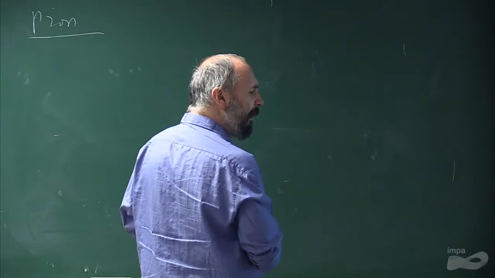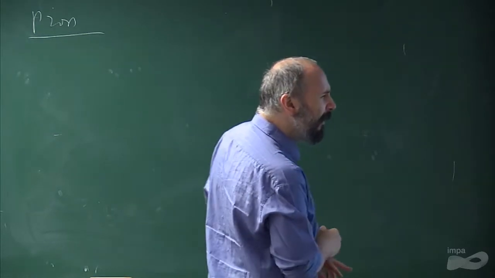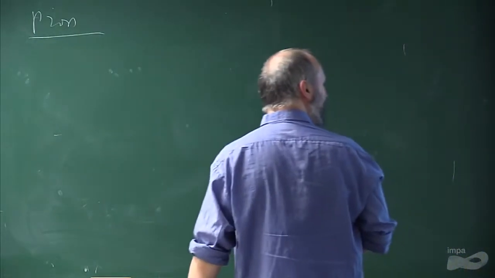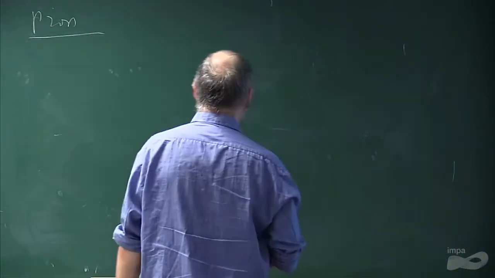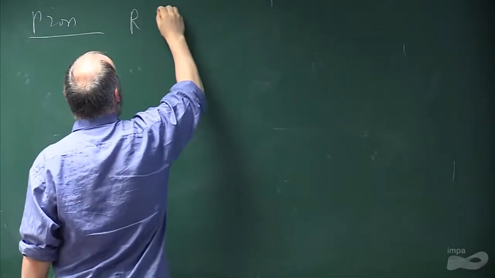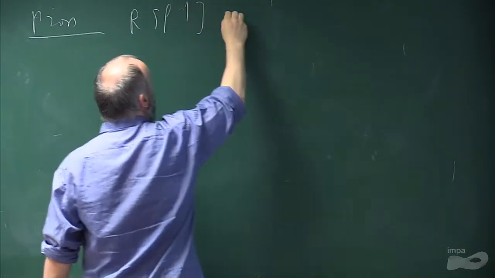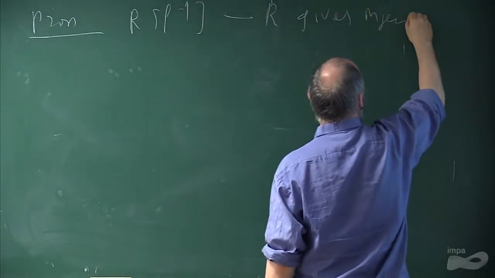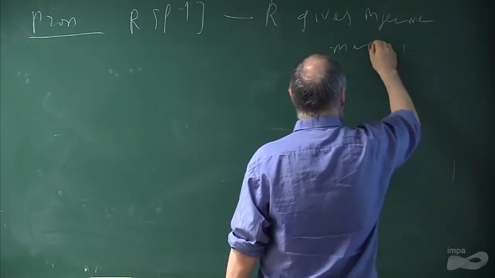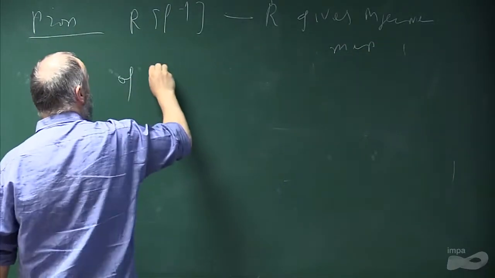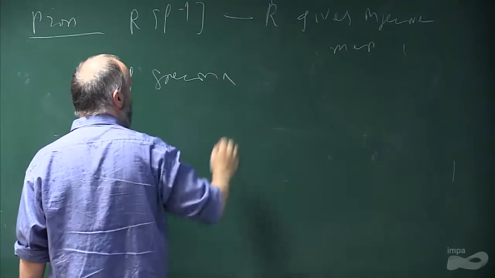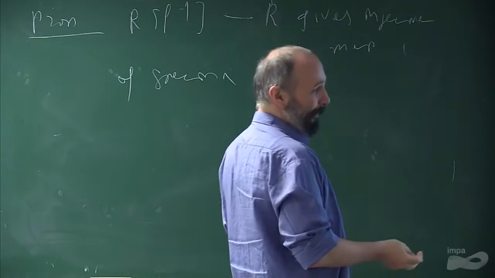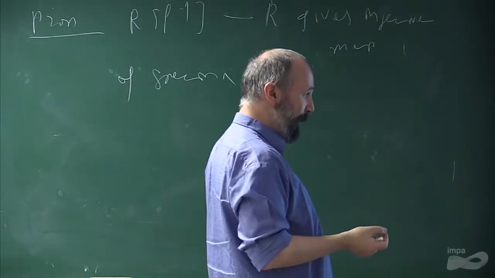The map R_f^{-1} to R gives an injective map of spectra. You should think of the spectrum as really just the algebraic variety. This is what an algebraic variety really is, just the spectrum.